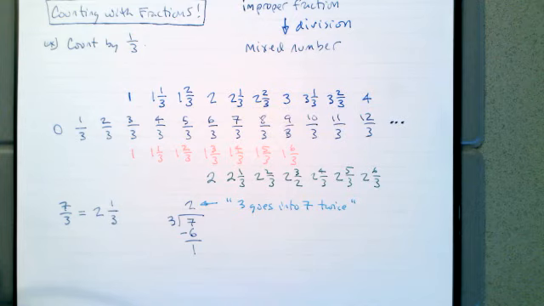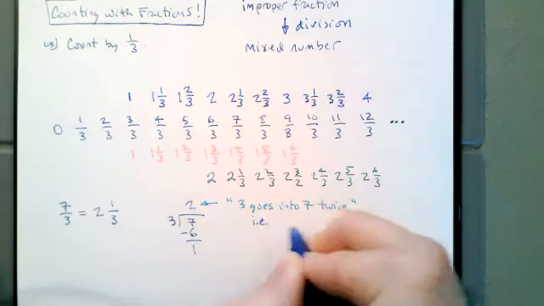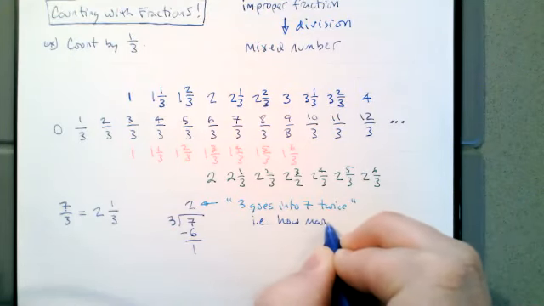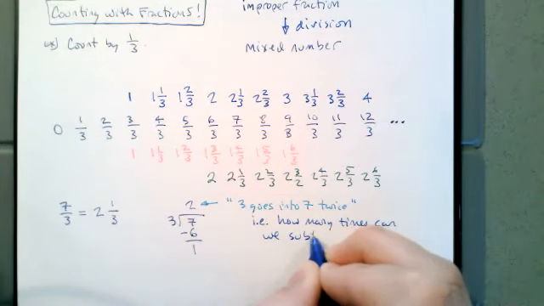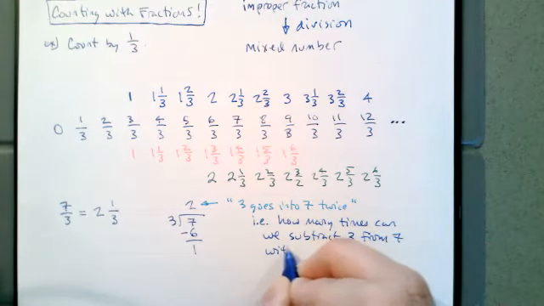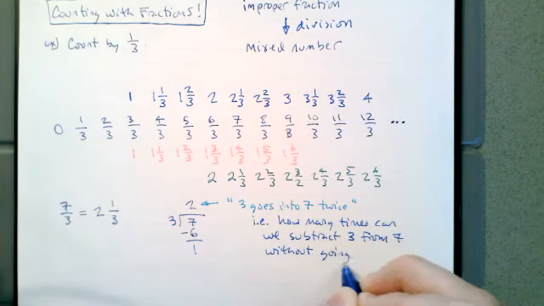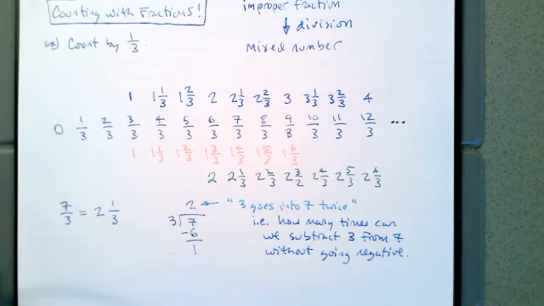Well, it wasn't obvious to me for a very long portion of my mathematical life that this statement means how many times can we subtract 3 from 7 without going negative?